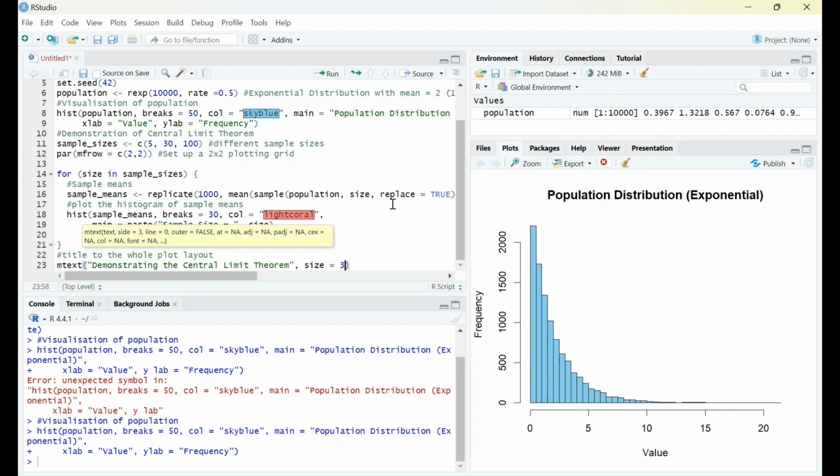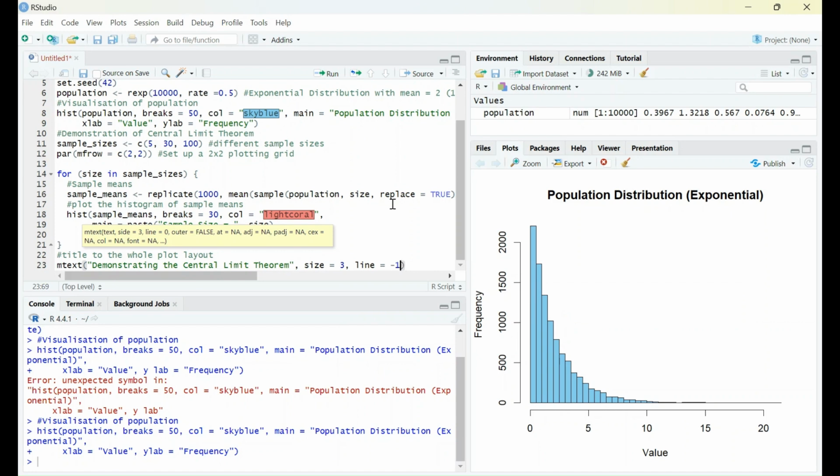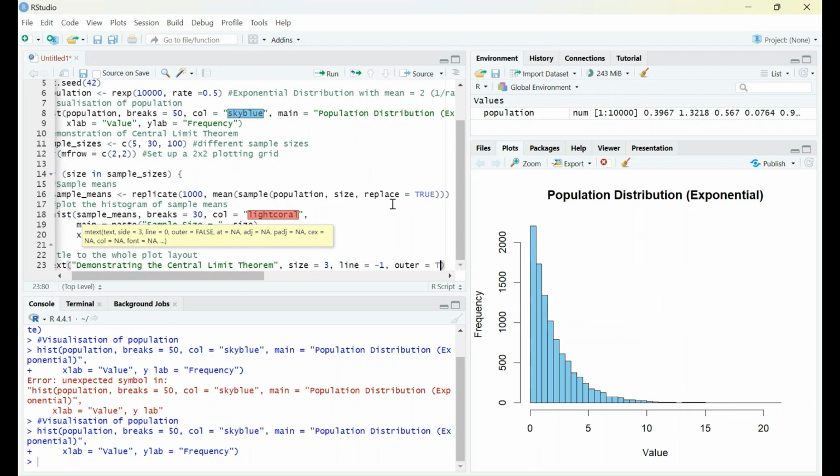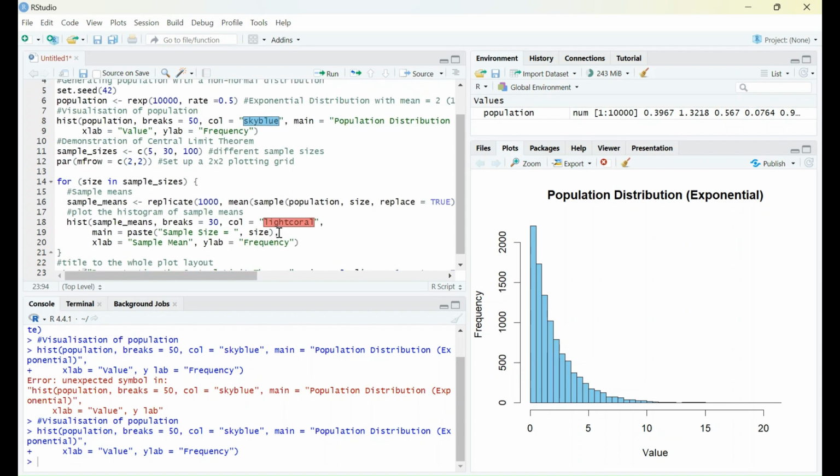So we have 3 margin, outer gives count. Now let's run this and see how the distributions of sample means of different sample sizes we created from the population distribution. Let's run this.